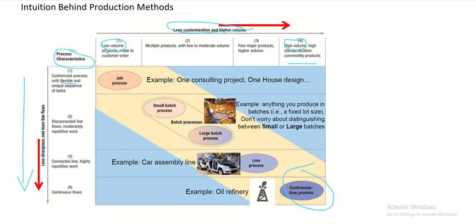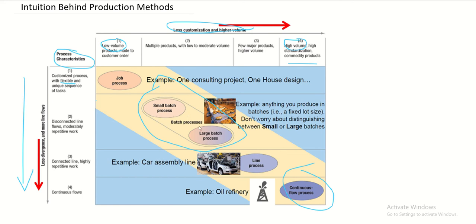It's low volume. Usually it's only one at a time, and it's very flexible because you can add whatever things the customers wish to have. Then moving on to the second section, which is called the batch process. When we think about batch process, we usually think about a bakery. In a bakery, it will probably produce sugar cookies, brownies, chocolate cookies, different sorts of cookies.